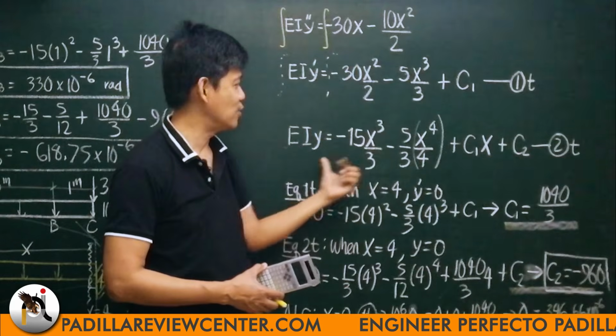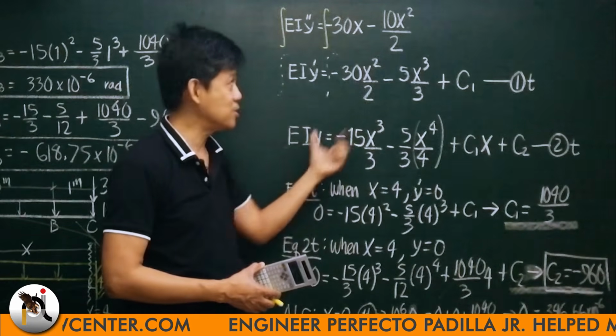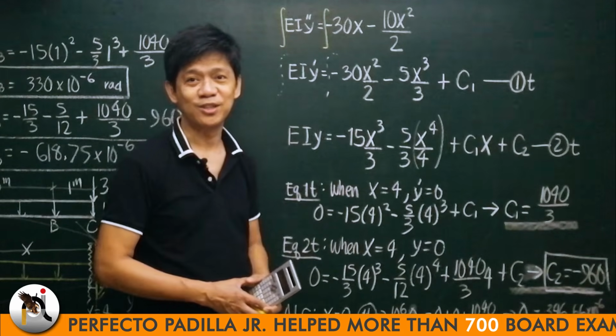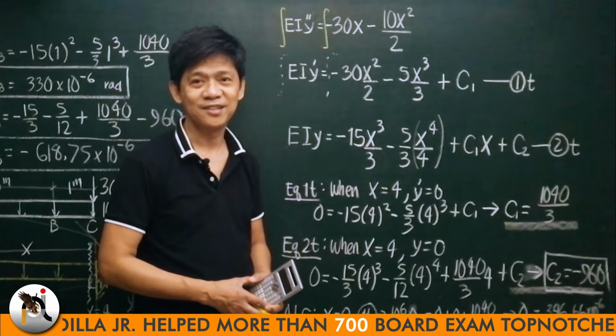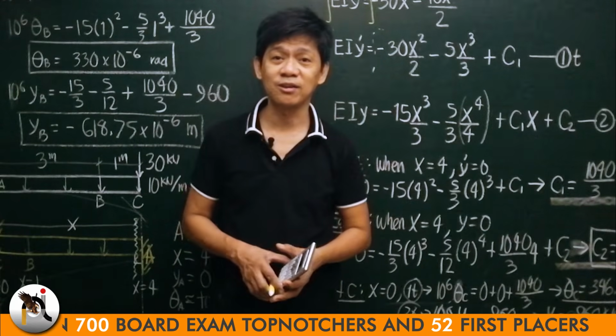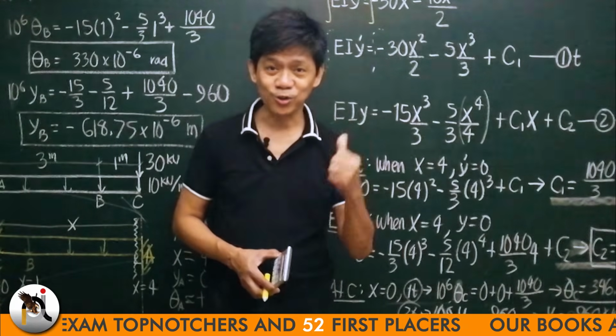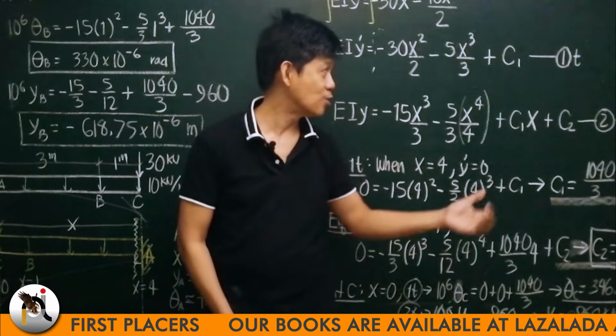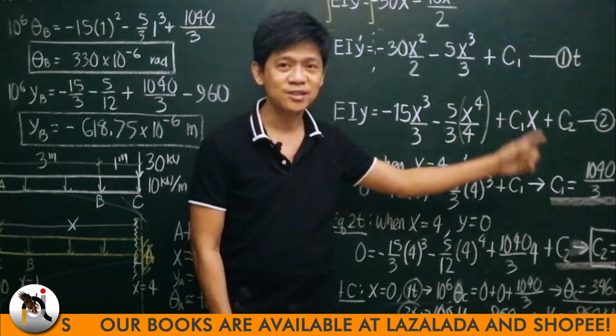Integrate it twice, you have the deflection equation. Integrate it once, you have the rotation equation. Do you follow? You get it? So if there is no specified method, you can always go to this method. The only downside of this is solving your C1 and C2.